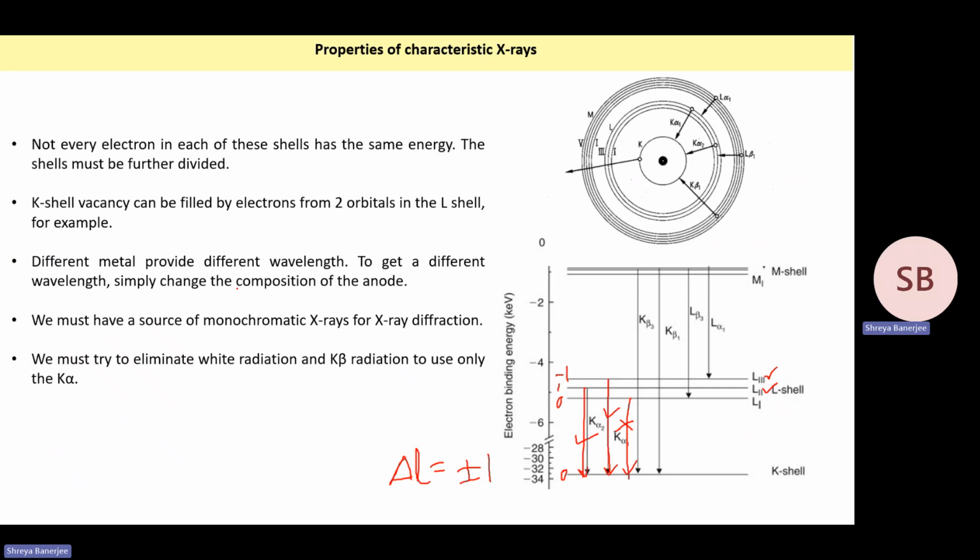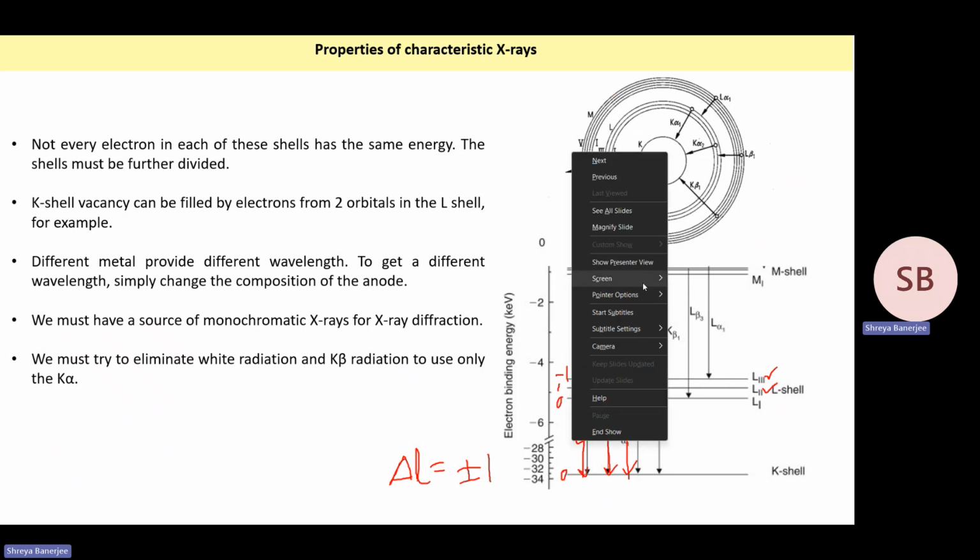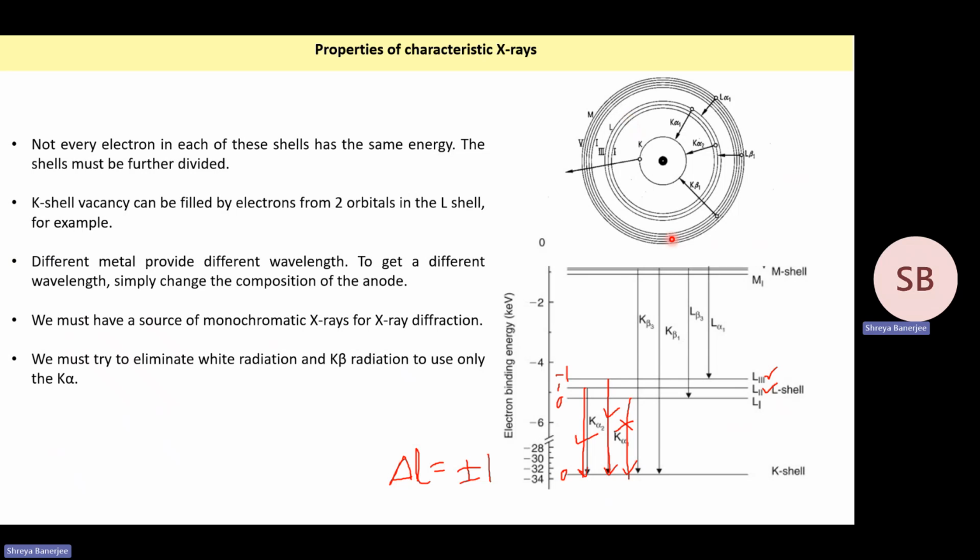Now, different metals provide different wavelengths because different metals have K and L shells of different energy. So in different metals, this energy difference will be different, and so the energy of the X-ray produced will be different. That is, the wavelength of the X-ray produced is different.